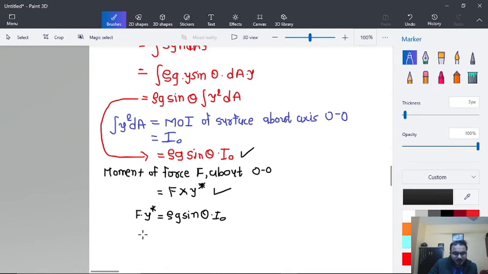So now y star is equal to rho g sin theta upon F, this I0 is there.